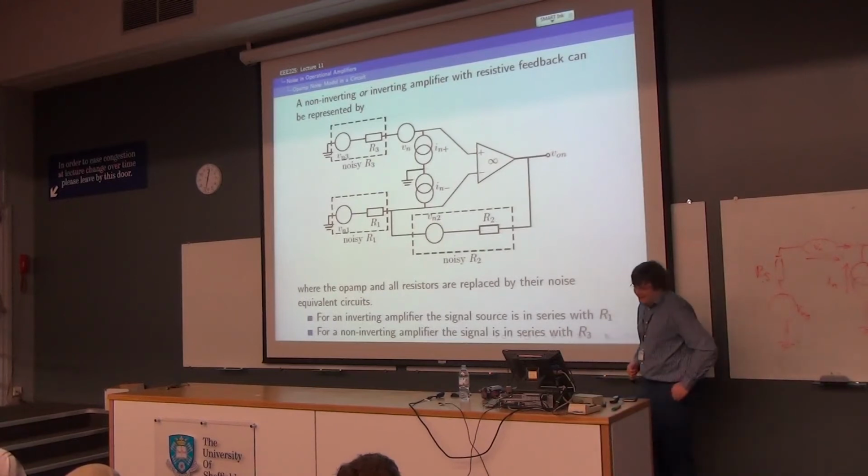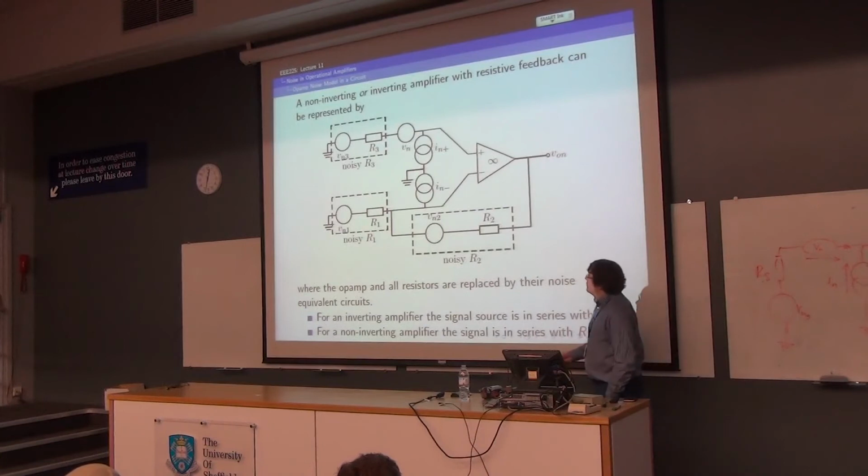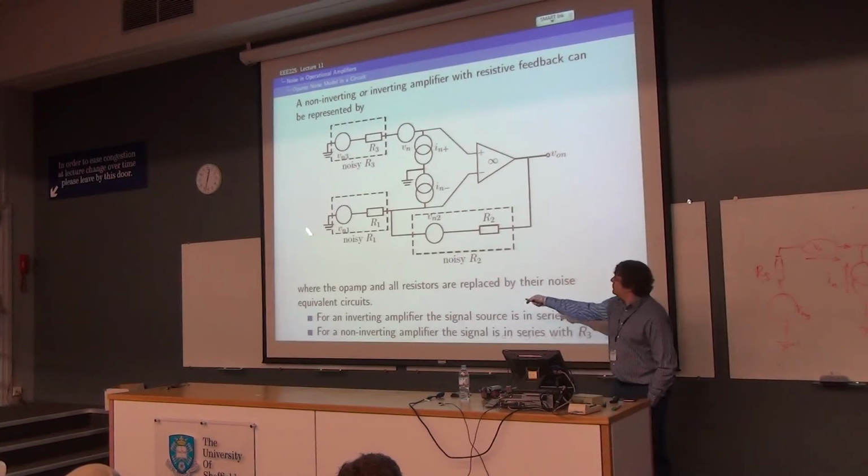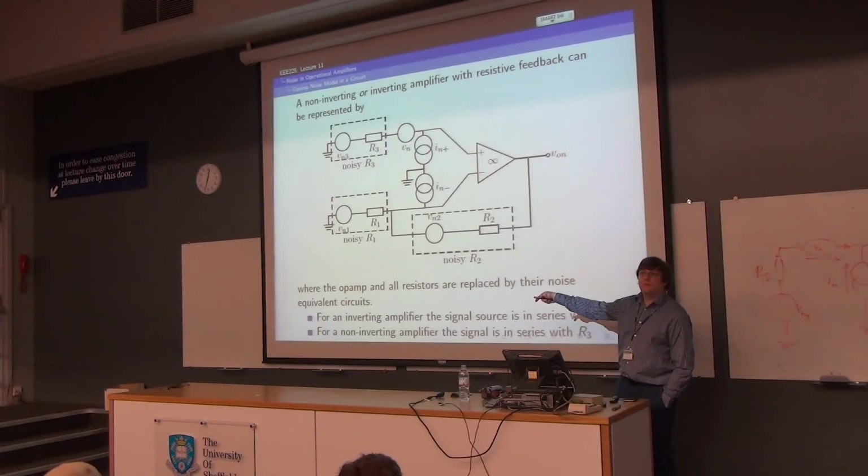Thought not. So happy with the idea that non-inverting signal source ends up here and the ground shuffles down, and inverting signal source ends up here and the ground shuffles down. Yeah? It's just a regular op-amp circuit with noise sources thrown in.